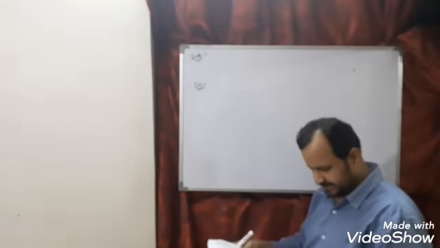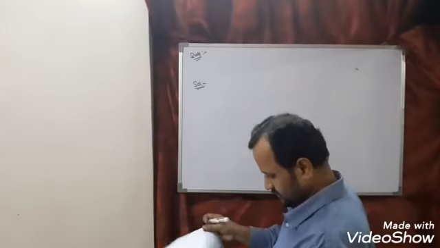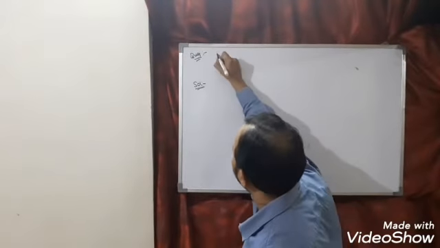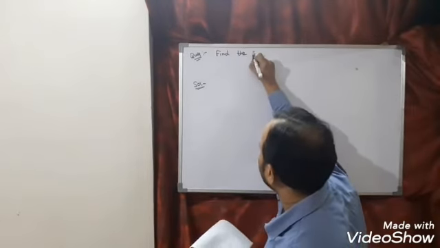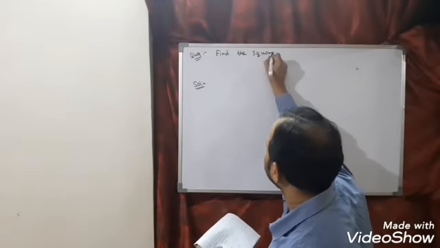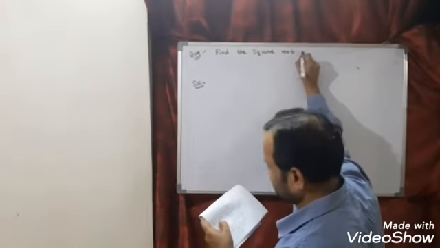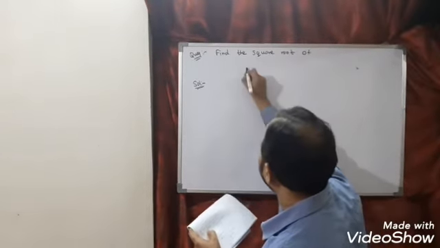The next question is: find the square root of 8 plus 2 root 15.